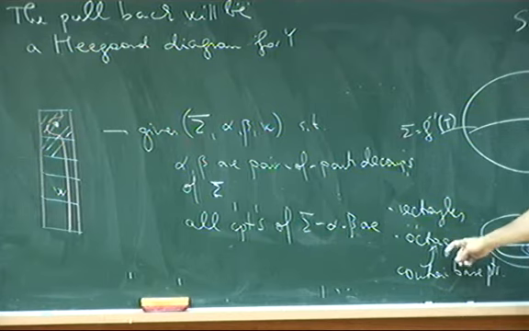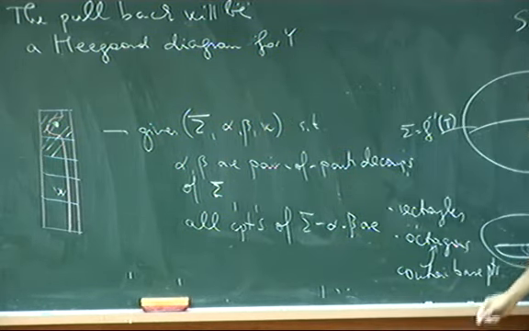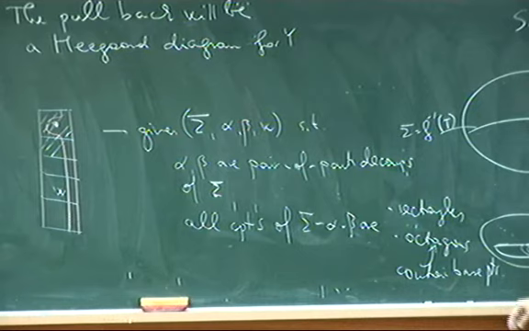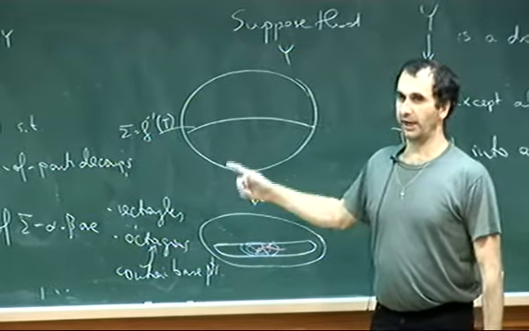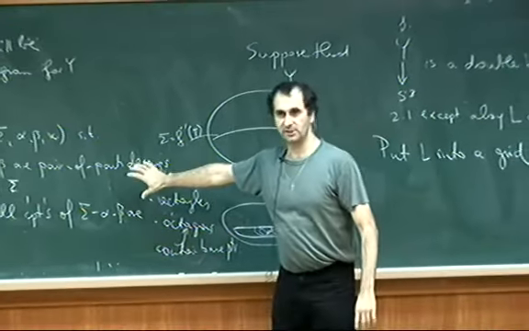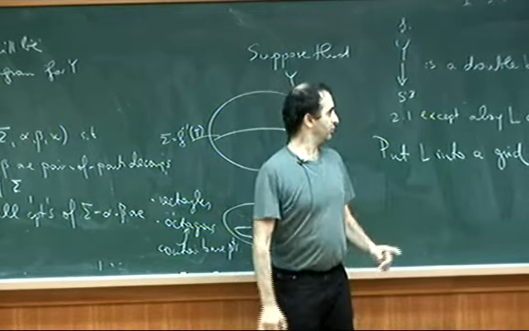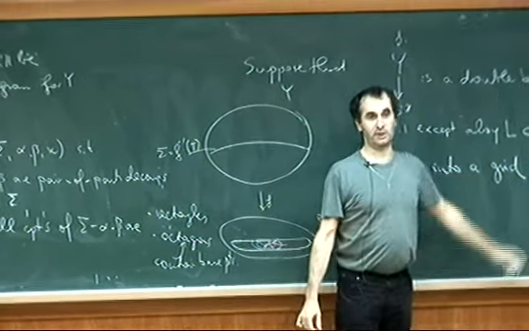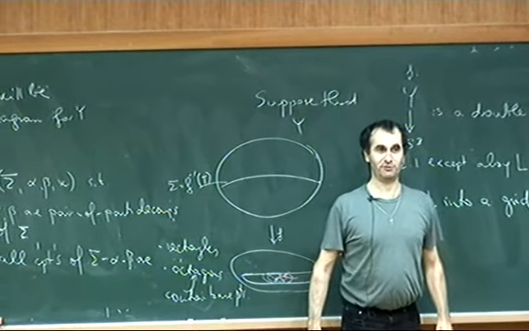These diagrams are very rigid because they come from a very strict construction, and what we'll do tomorrow, I will define a new class of Heegaard diagrams which are sort of in between the two. They will be nice but not as rigid as these ones, and those will be the diagrams we will use to prove the theorem of Peter and Zoltan in the combinatorial setting. I should mention that this is a joint project with Peter and Zoltan.